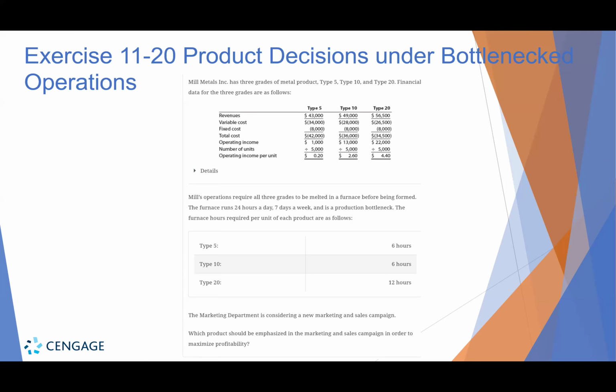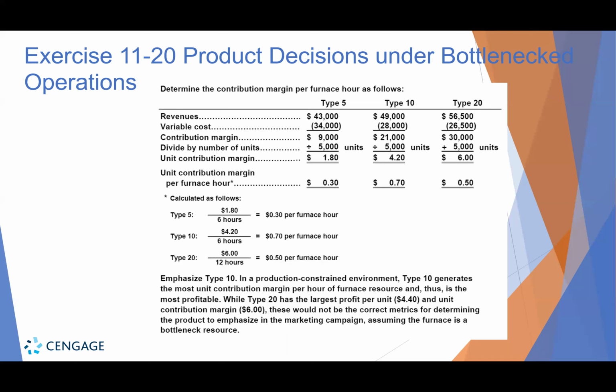So, we're going to look at the differences. When we look at type 5, we've got 30 cents per furnace hour. If we look at type 10, we're talking 70 cents per furnace hour. And then when we look at type 20, we're at 50 cents per furnace hour.